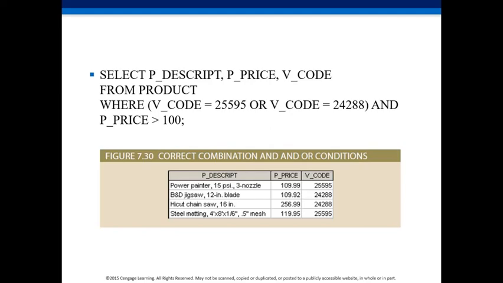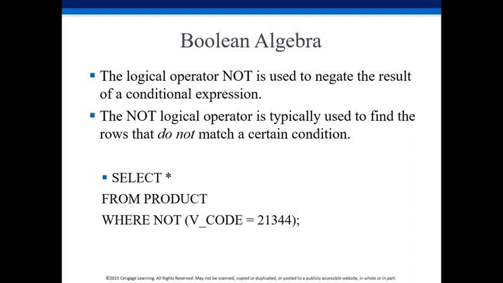Okay, for Boolean algebra, this is basically the logical operator NOT. It negates the result of the conditional expression. It's typically used to find the rows that do not match a certain condition, so it's the opposite.